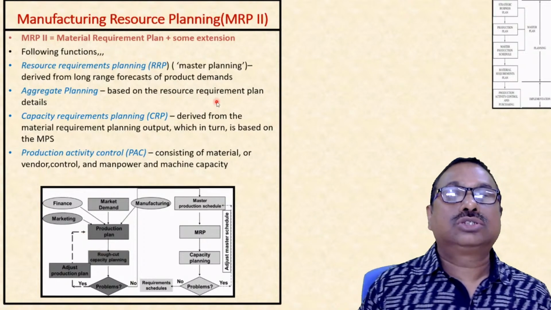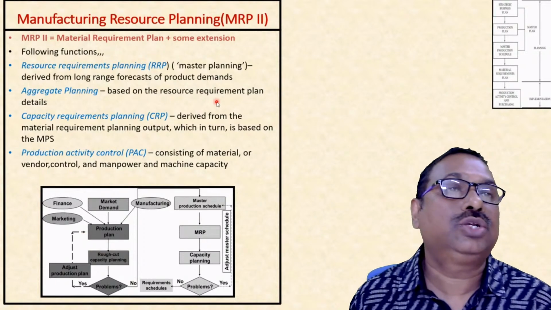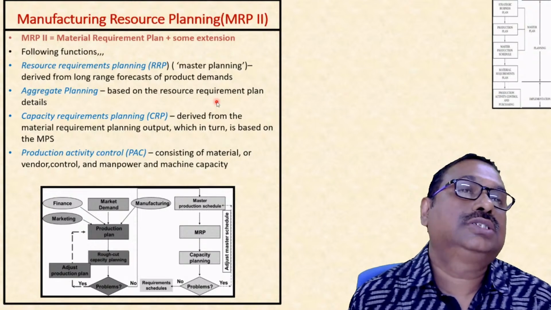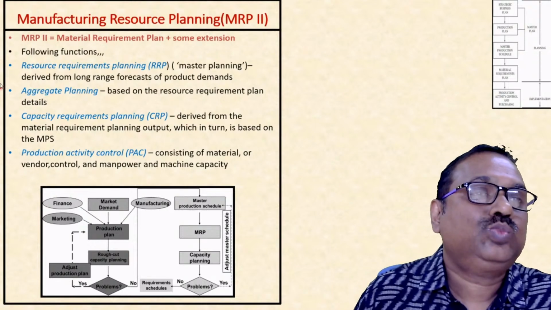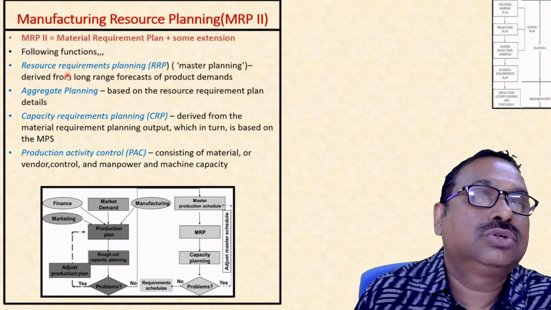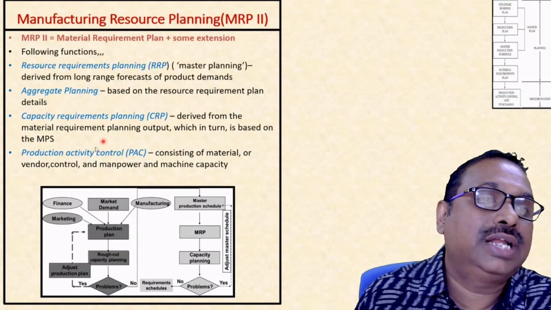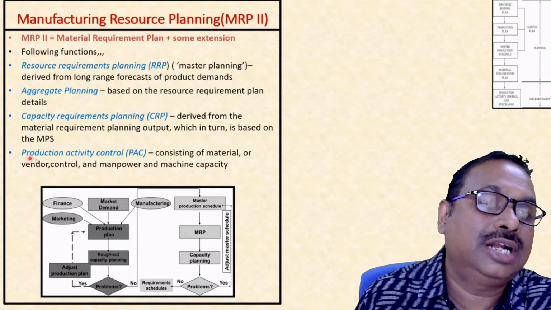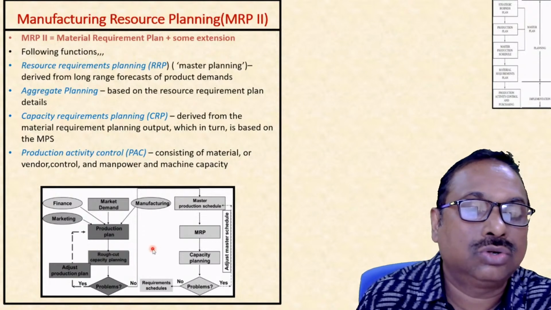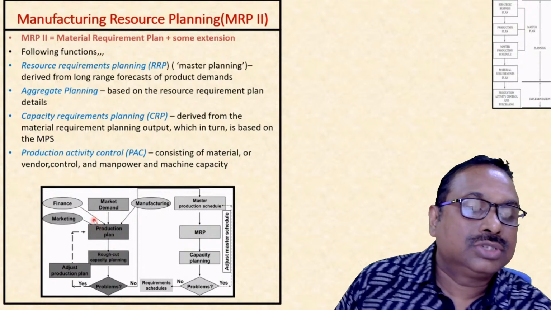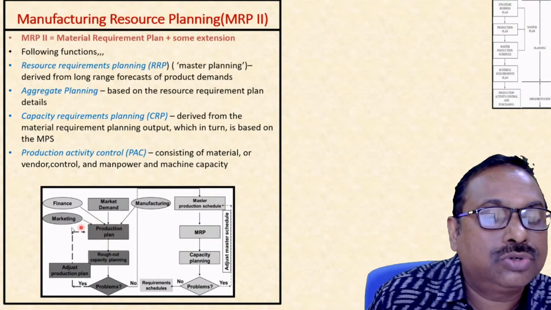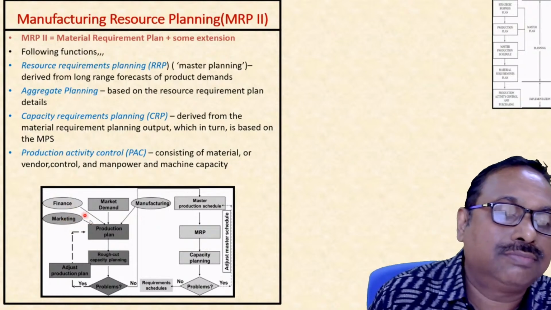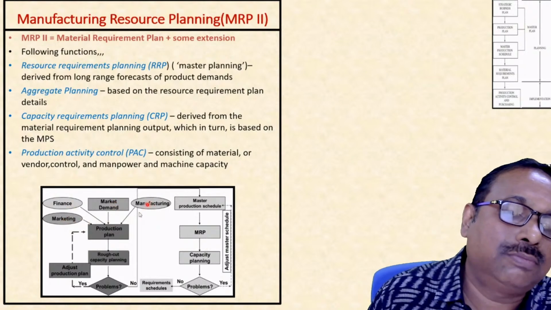Then manufacturing resource planning is MRP2. MRP2 is material requirement planning plus some extensions. Here we have resource requirement planning, aggregate planning, capacity requirement planning, and production activity control. From the production plan, the inputs come from the marketing department, from finance, from market demand, and from manufacturing.